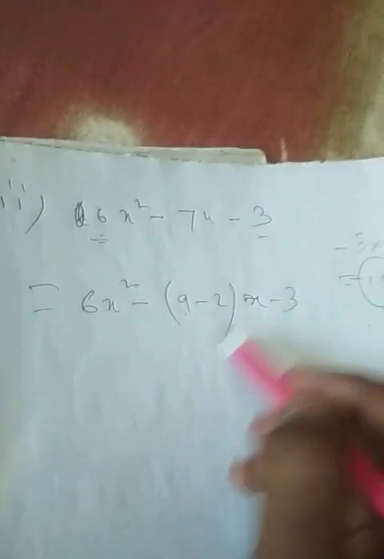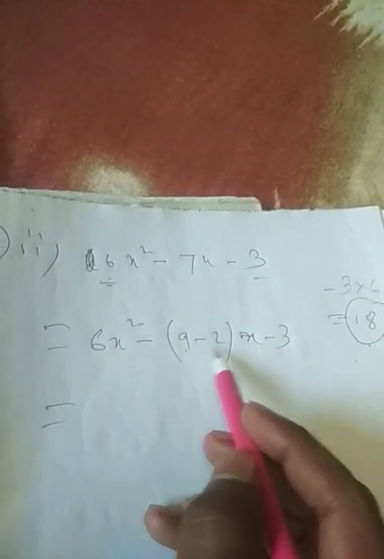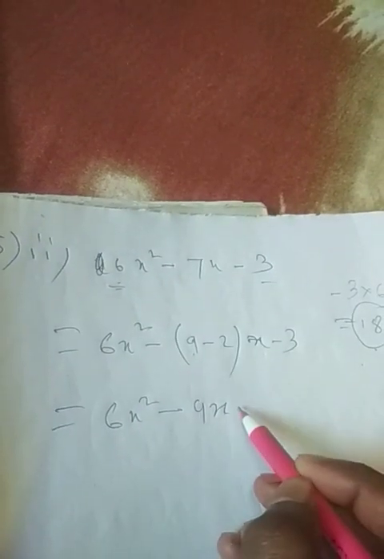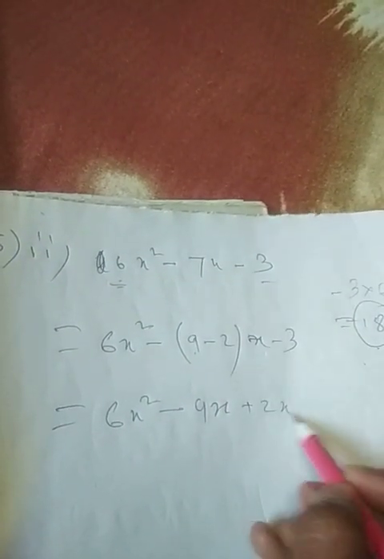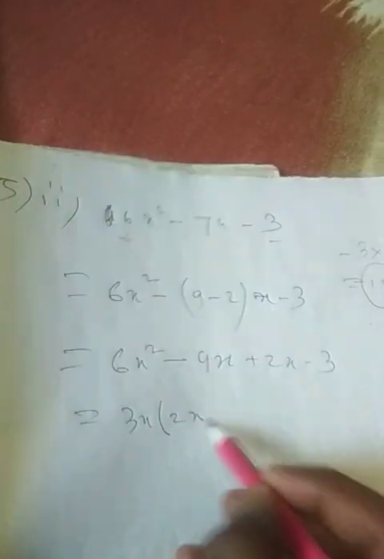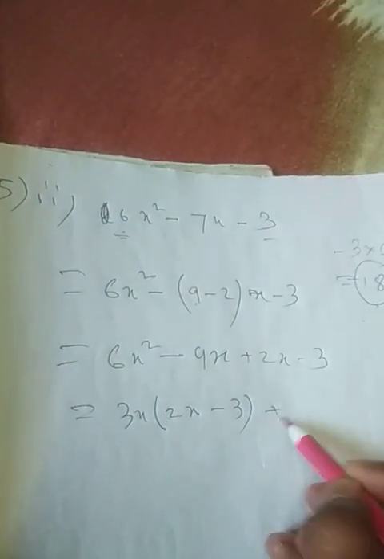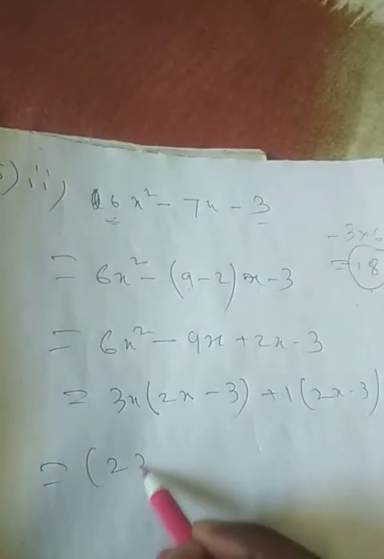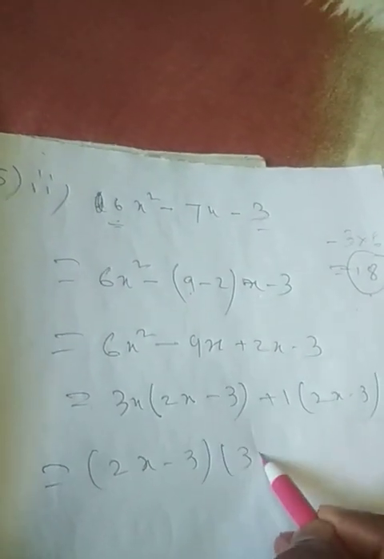If you multiply them, that become 18. If you subtract them, that becomes 7. What is common there? 3x. So answer becomes 2x minus 3 into 3x plus 1.